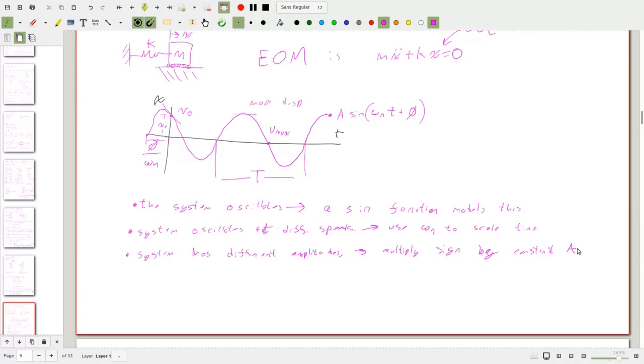We have this offset. So we want to move the time variable up and down in our sine function. Sine is going to give you the sinusoid. We scale time with our omega n t, and we offset it with our phi. Right? So the system has an offset. So use phi for offset.